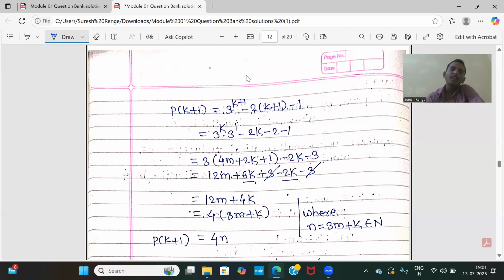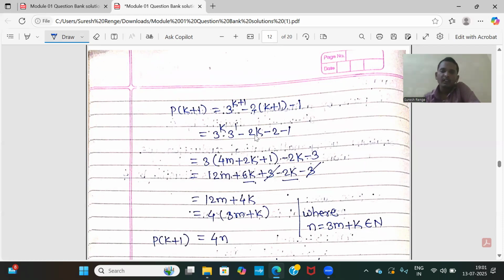According to the law of indices, we can write 3^(k+1) as 3^k into 3^1, and multiply the 2 in the bracket, so minus 2k minus 2 minus 1.